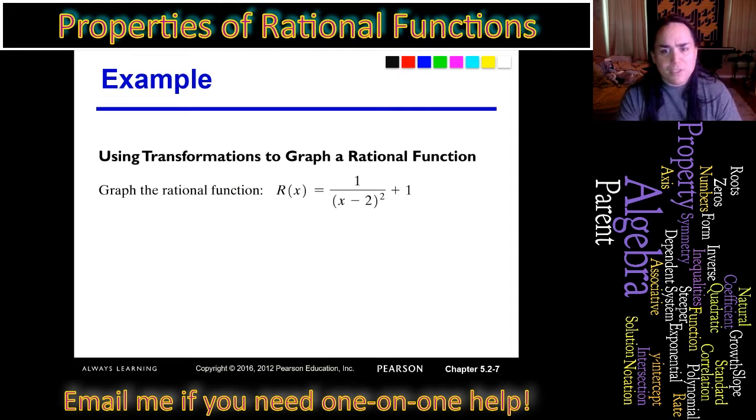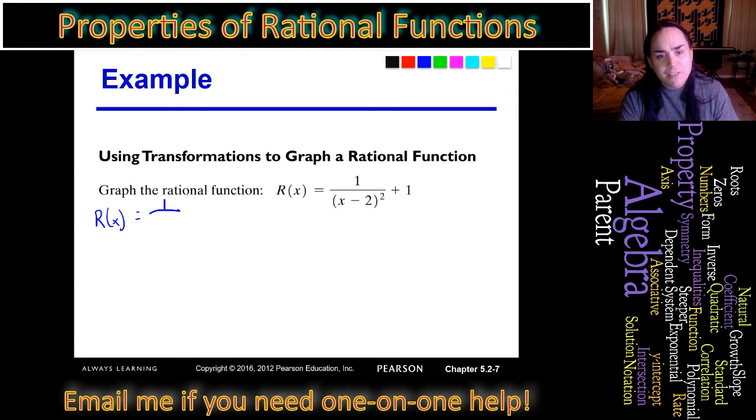Okay, what about this one? It says to graph this function. Well, I want you to see this and recognize it for what it is. This is just a transformation of a standard radical or rational function. So r of x equals the number 1 over x minus 2 squared.